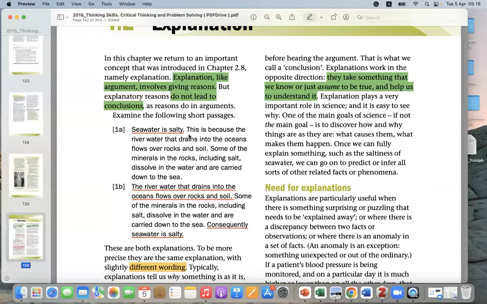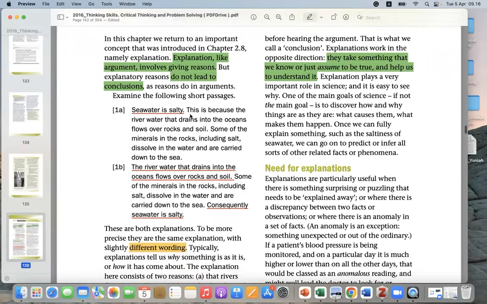This is an example of explanation. After you say seawater is salty, you say this is because the river water that drains into the oceans flows over rocks and soil.